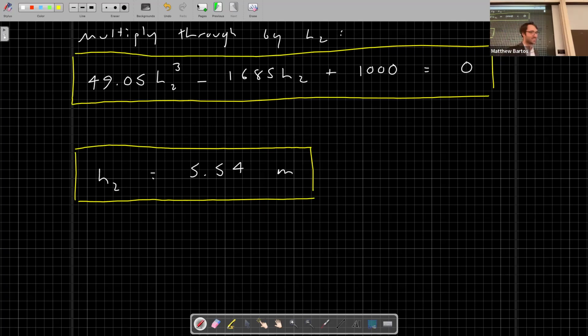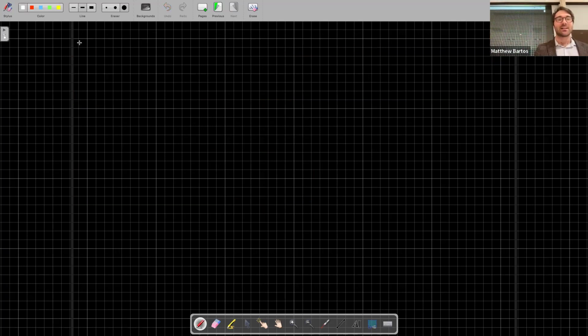Energy equation, very good. So we can compute the energy loss by applying the energy equation now that we know the downstream depth. So how can we compute the energy loss? Apply the energy equation.